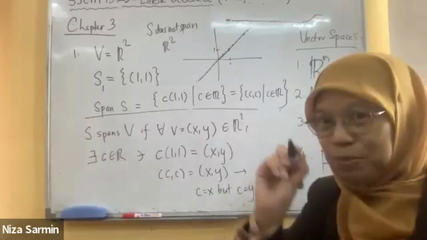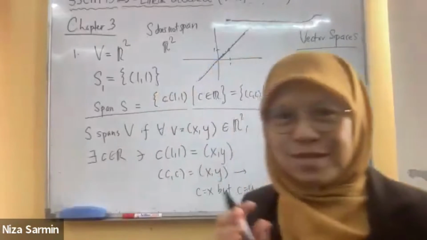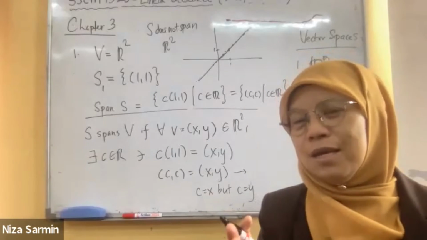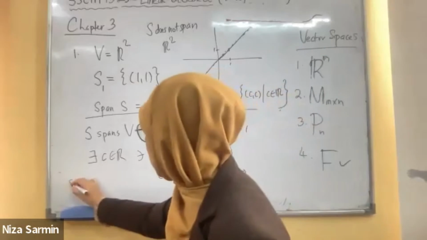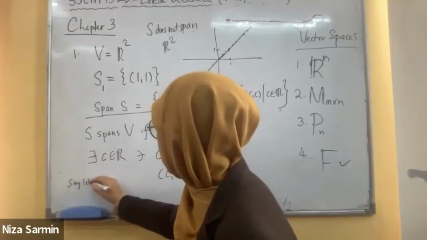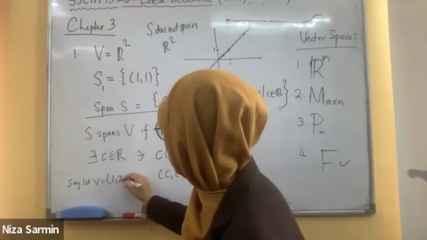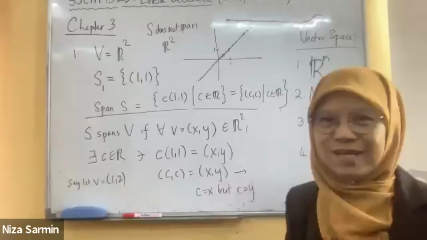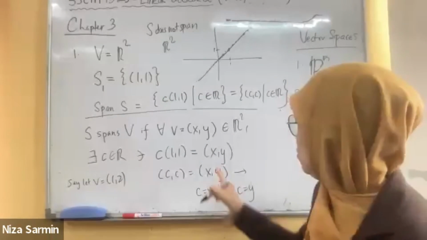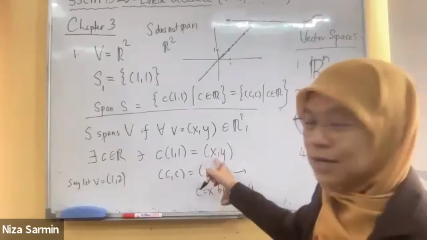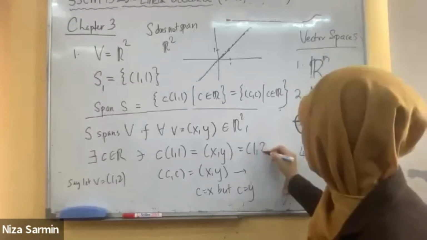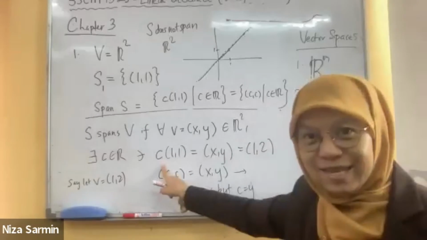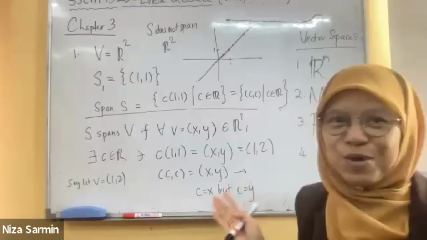But if it does not span, you can see it from one example. Say, let V be (1, 2). I can replace this with (1, 2). Okay. If this is (1, 2), can you find a C multiplied by (1, 1) to get (1, 2)?